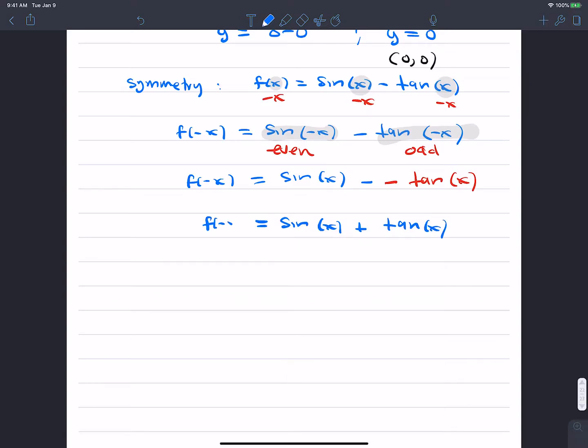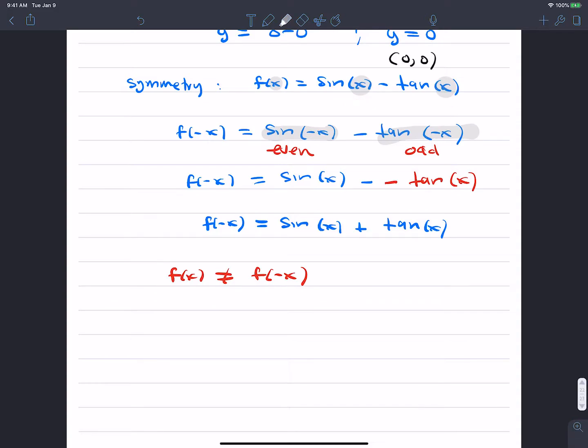Now this is f of minus x. So what do we know about this here? Here's our conclusion. f of x is not the same as f of minus x. How are they different? You guys have that already in your notes, right? One's negative, one's positive.